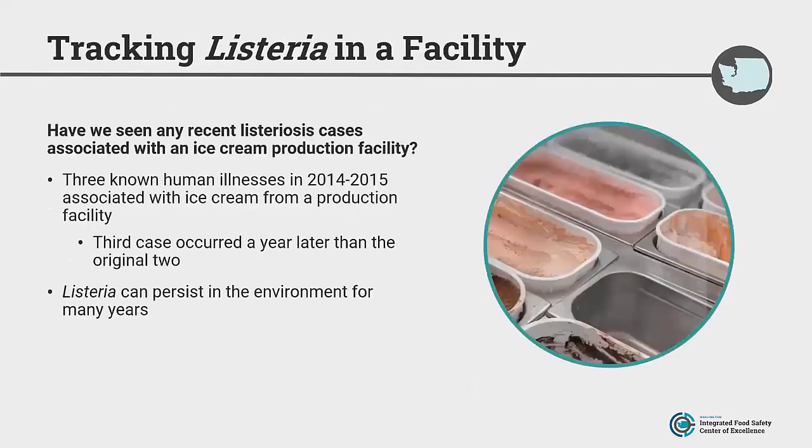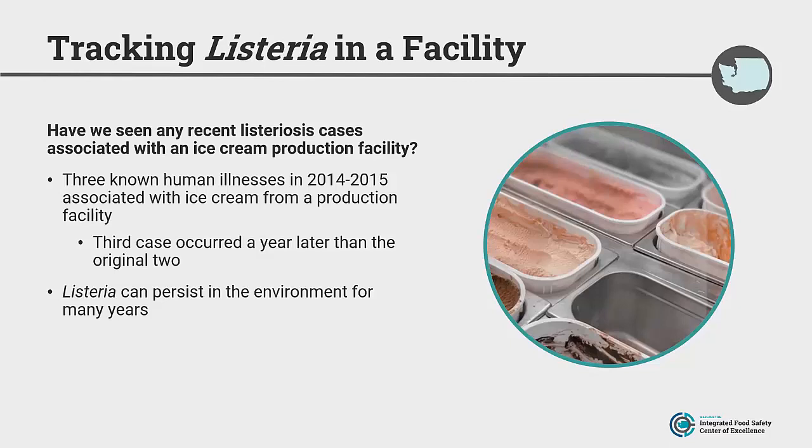So another example of how we can use this data is to track over time specific questions. So one question we might ask is, have we seen any recent listeriosis cases associated with an ice cream production facility. So in Washington, we had 3 known human illnesses in 2014 and 2015 associated with ice cream from a production facility.